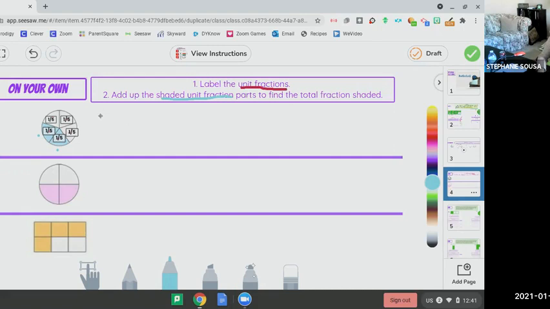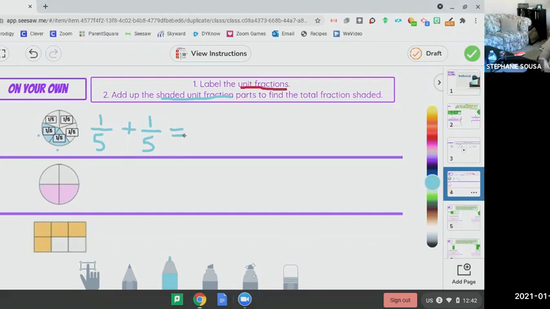So we're going to write an addition sentence. 1/5 plus 1/5, because there are 2 parts that are shaded. This is my 2 blue parts. Equals.